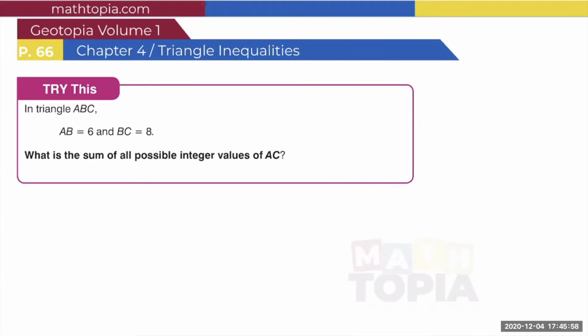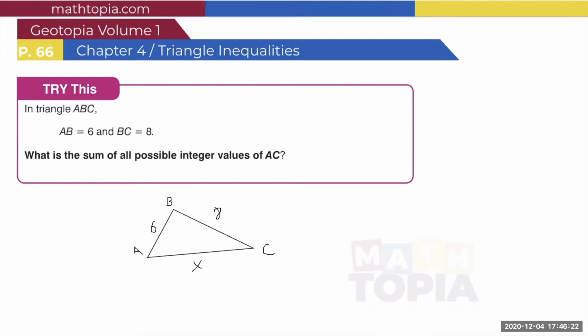So let's sketch our triangle ABC. And we'll call AC equal to X. Let's try applying the triangle inequality to all three different sides.